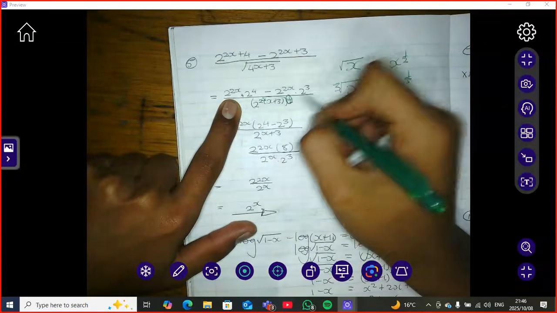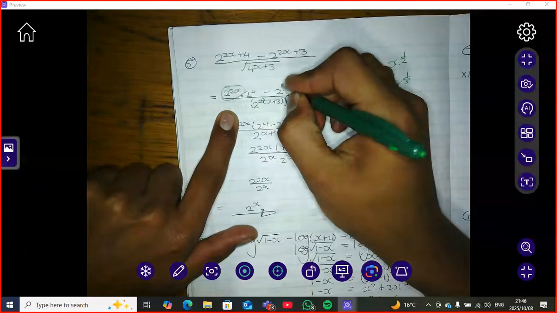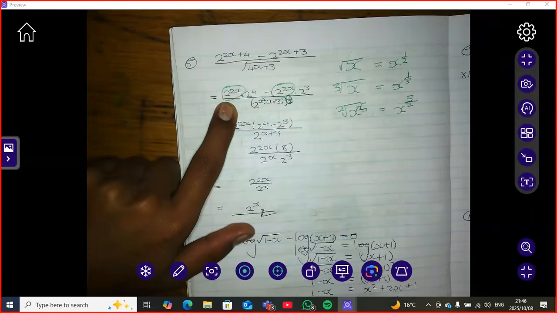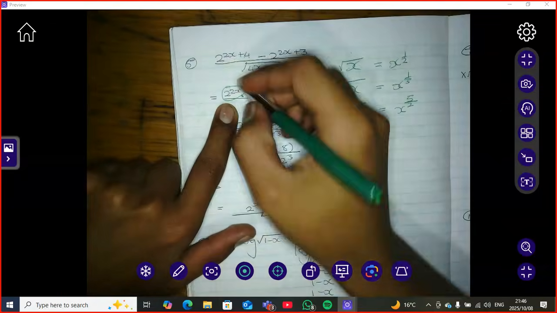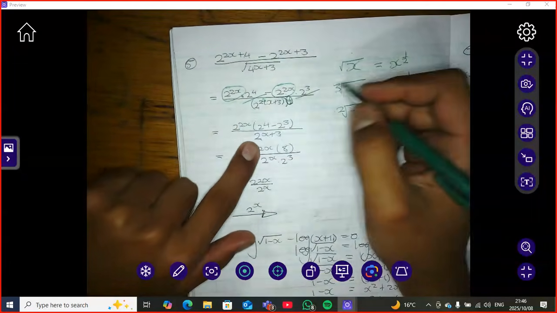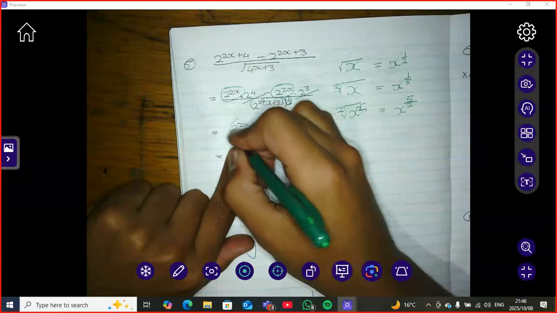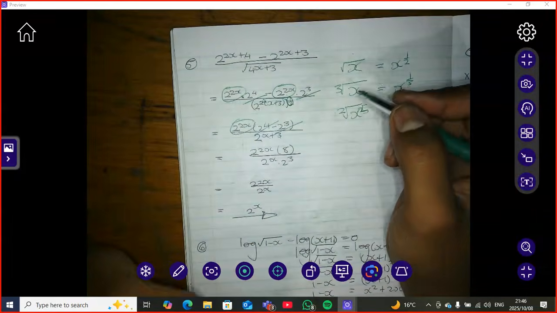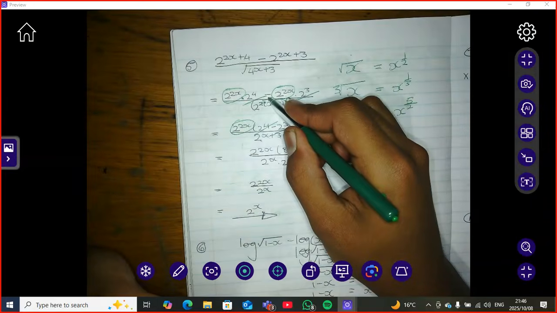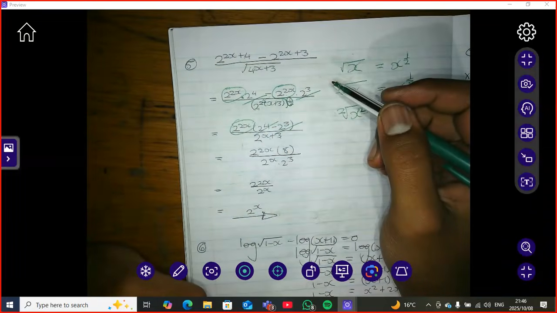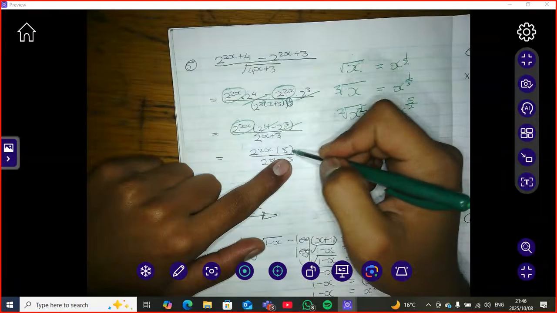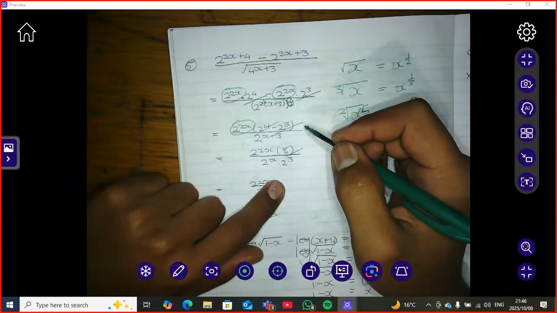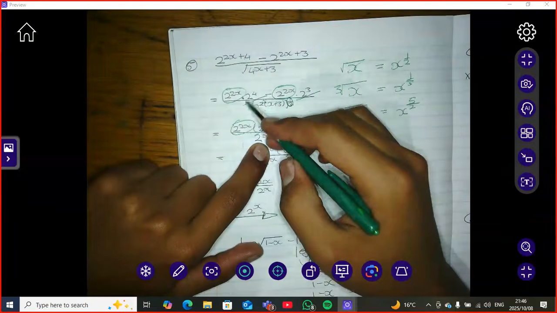On top over here, I factorized out a 2 to the power of 2x as my highest common factor. Then I wrote what is left over. Here is my common factor, and then there is what's left over. Don't forget this negative that is there. So I simplify this, I get 8. Then do the same thing I did here.